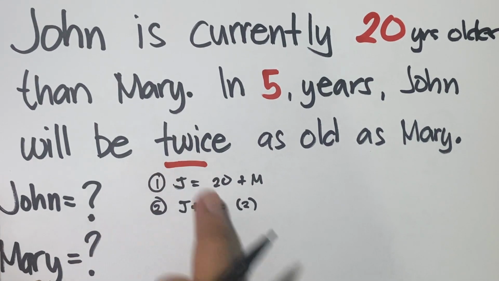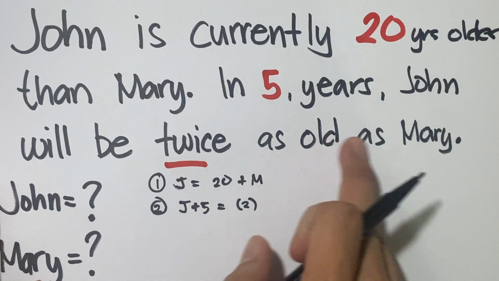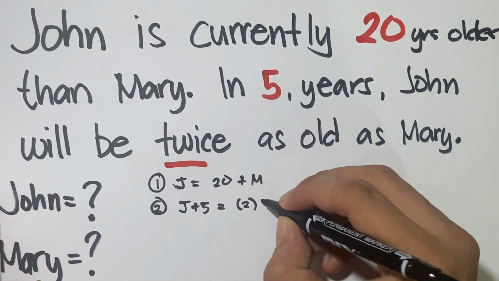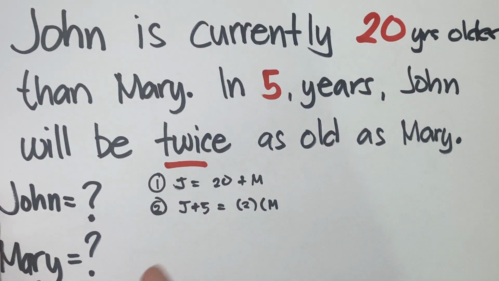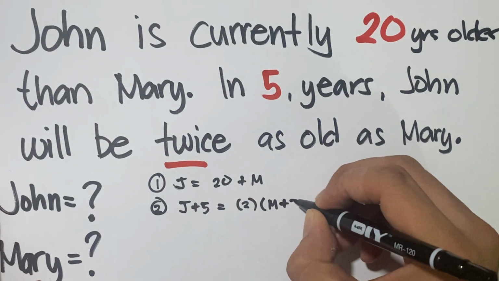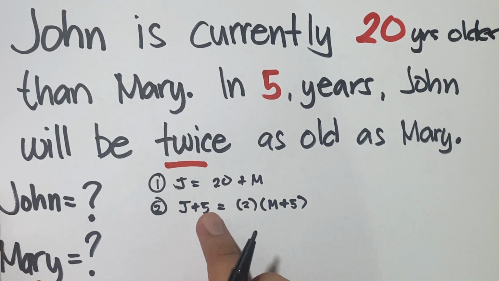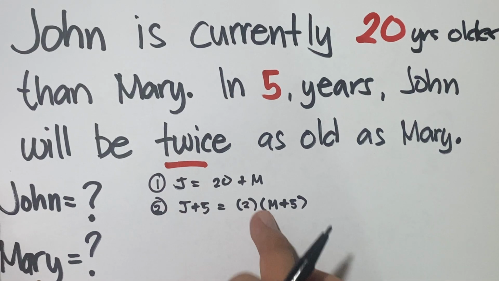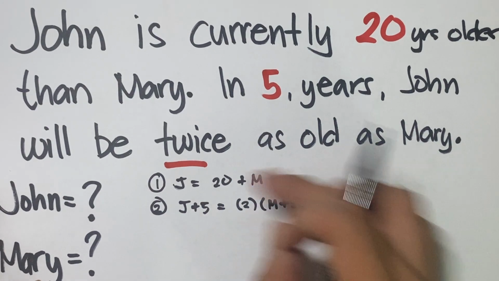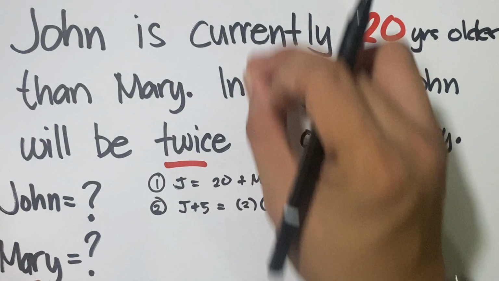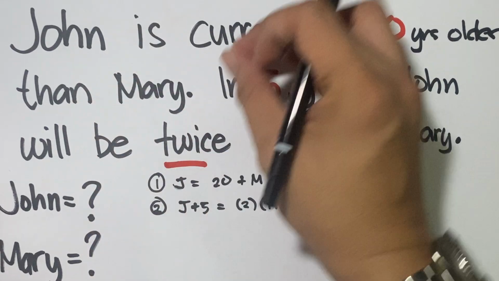Having this word, we translate that as multiplied by 2 as old as Mary. We multiply that on the age of Mary, but don't forget that we also have to add 5 to Mary, because the two of them will move on the same timeline in 5 years. So this is how equation 2 would look like on our second statement. This is the direct translation of this statement into an equation.